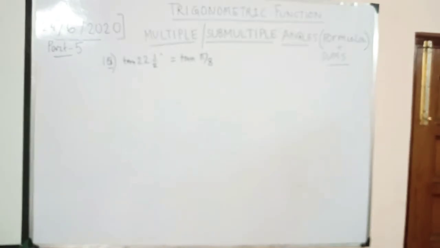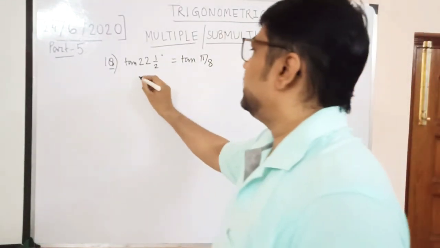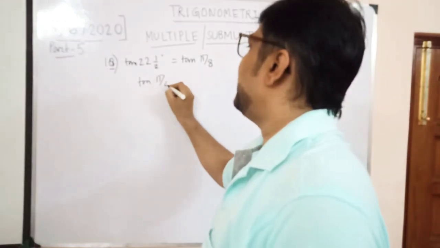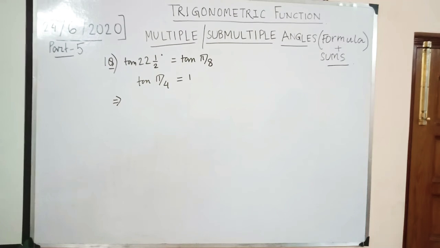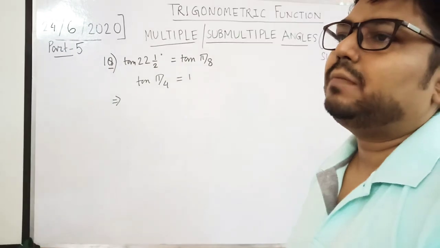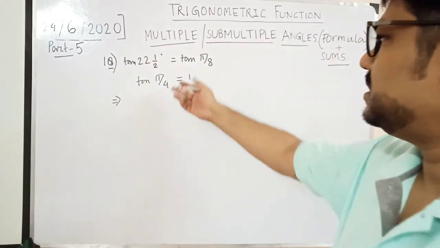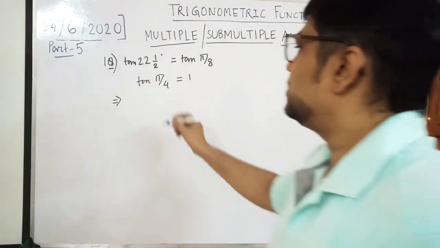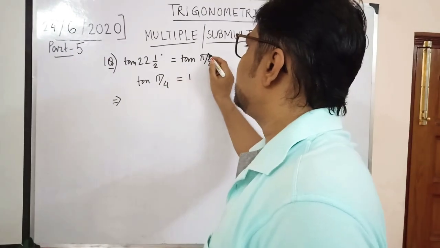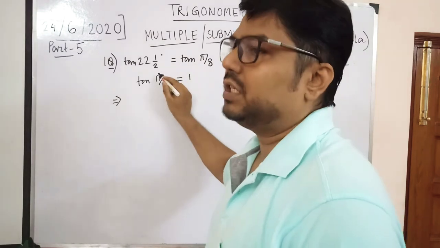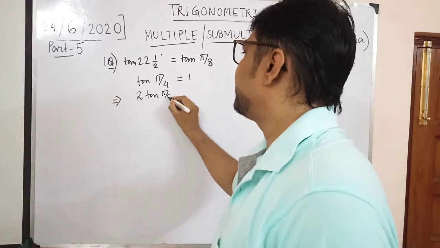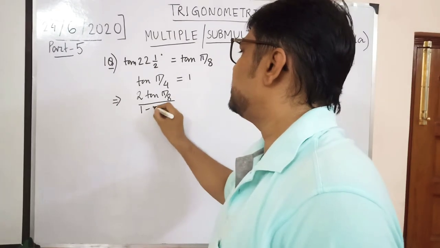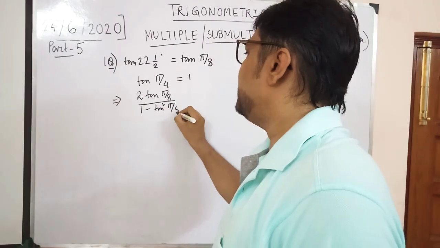Now as we know that tan 45 is 1, we can use the formula tan 2a equals 2 tan a by 1 minus tan square a, or this is a kind of submultiple we are using. If we consider this as theta and this as 2 theta, it becomes 2 tan pi by 8 by 1 minus tan square pi by 8, which is equal to 1.